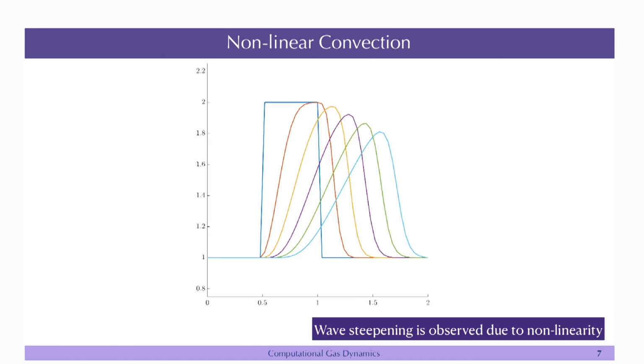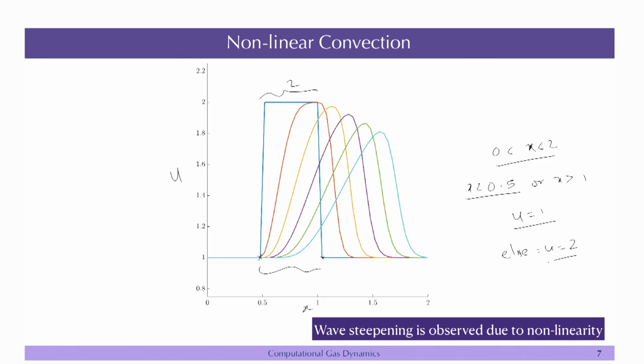This is an example I have taken where the grid size is very coarse. Let us say this is u and this is x, with x between 0 and 2. When x is less than 0.5 or x is greater than 1, u is equal to 1, else u is equal to 2.